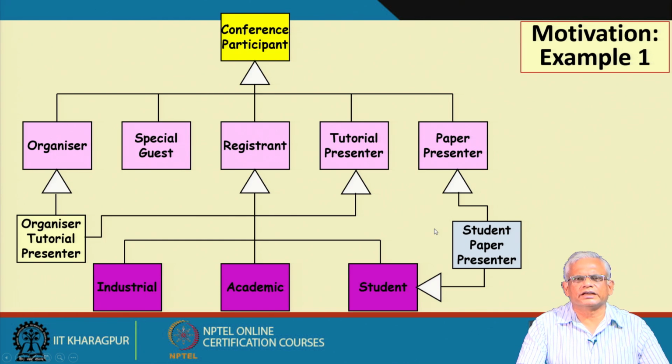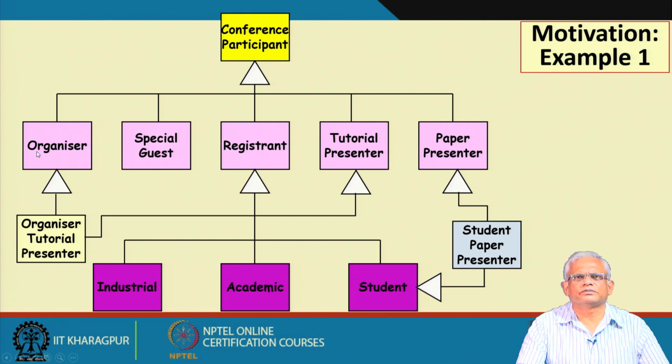Let us look at an example to motivate the use of the pattern. Let us say we had written software to manage the participants of a conference. In the class diagram for the conference automation, we had the conference participants classified into different subclasses.